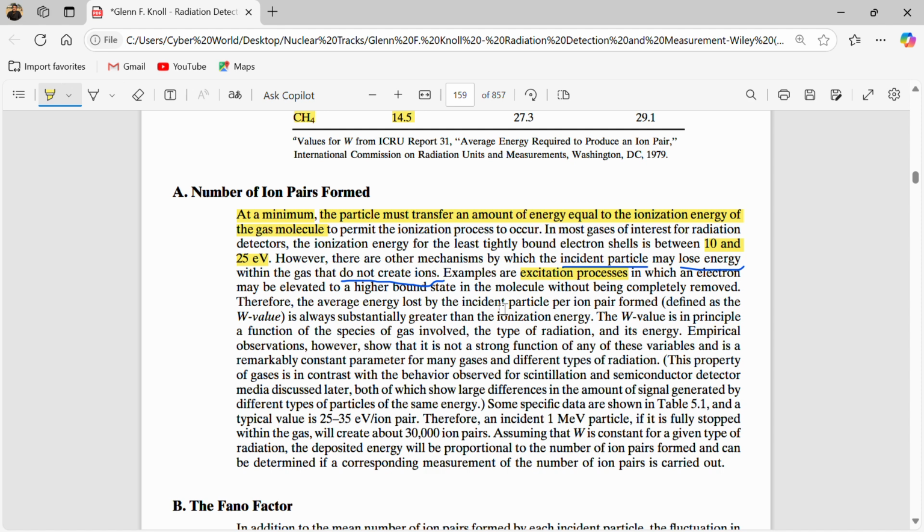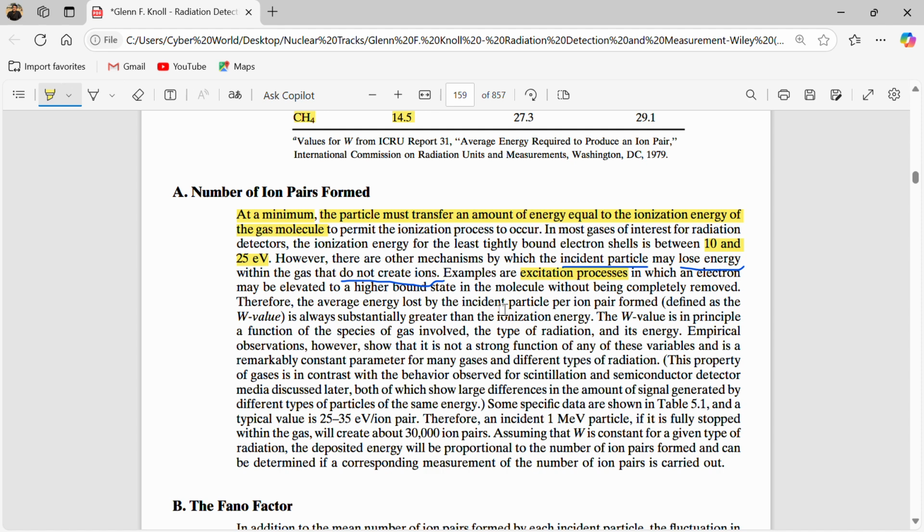Your electron is not going to be ionized, but instead it goes to a higher excited state instead of being completely removed from that shell. So, understood, two concepts: one is ionization and the other is excitation.